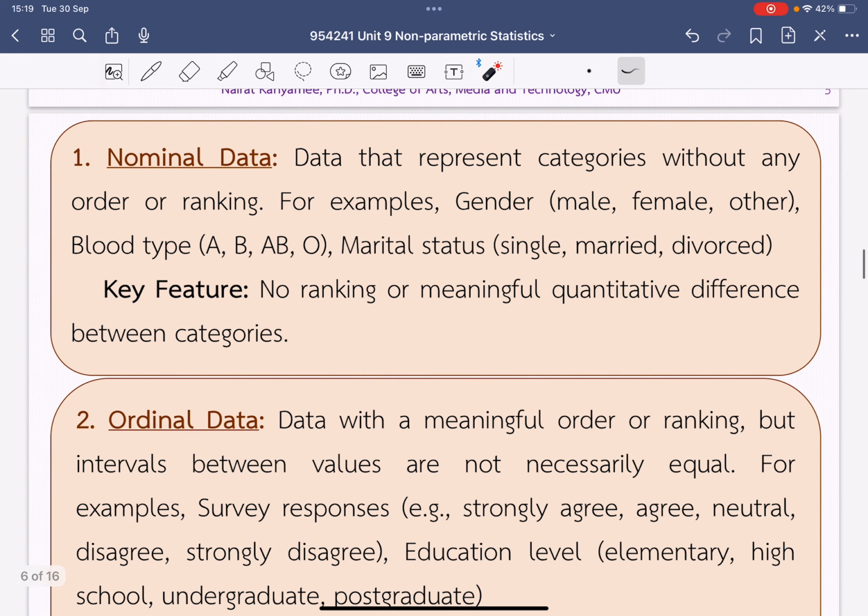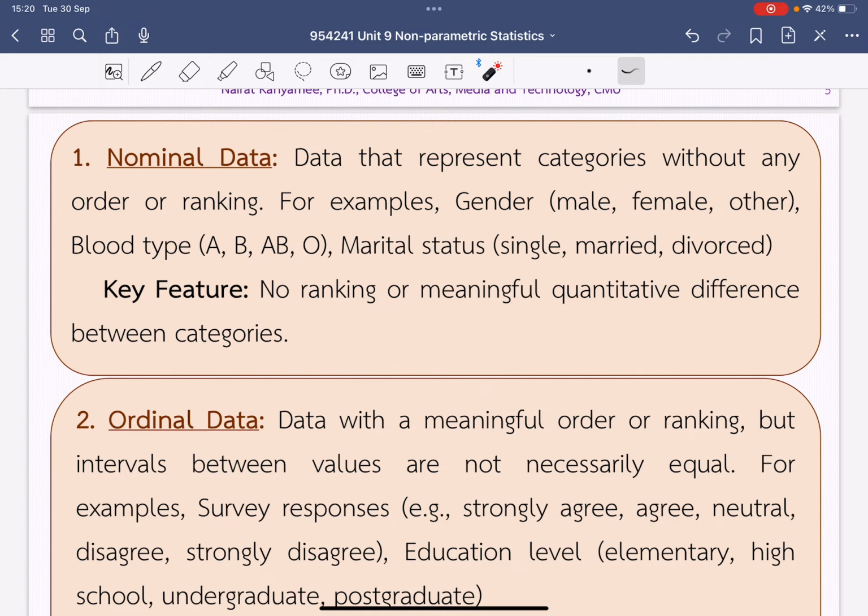Now let's see the first one, nominal data. What is it? It is data that represent categories without any order or ranking.